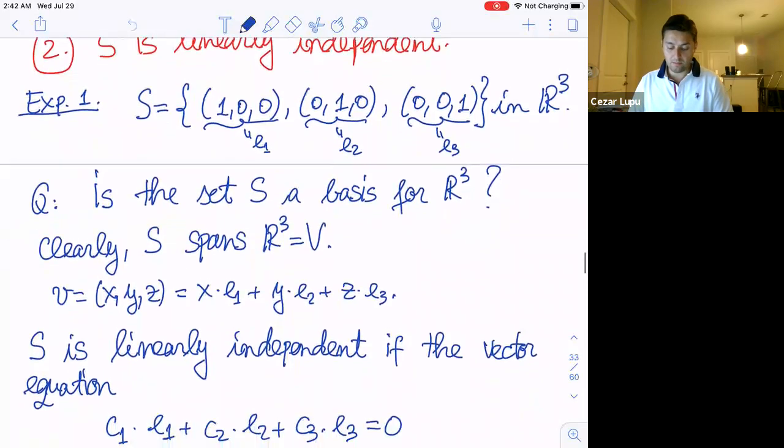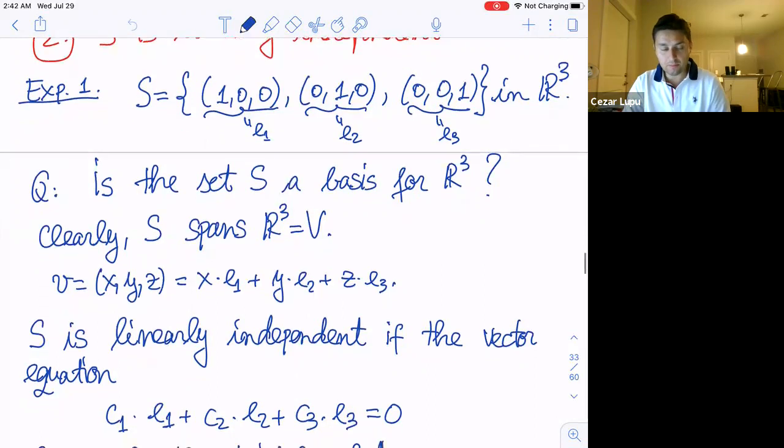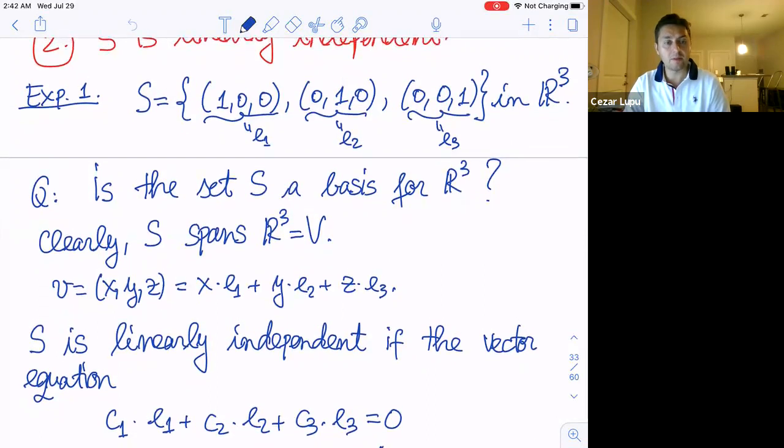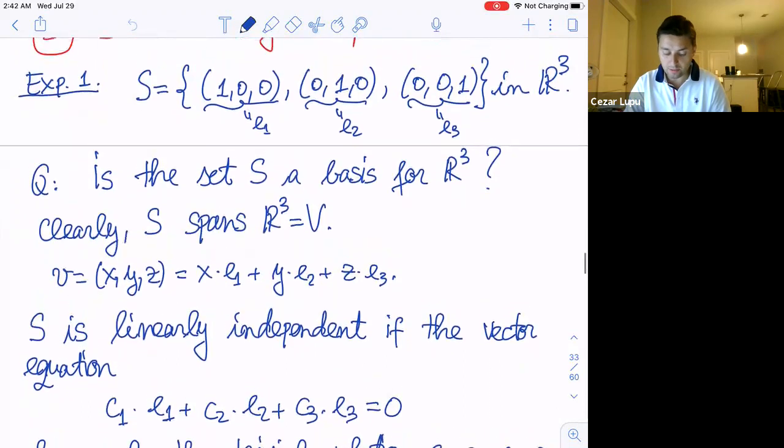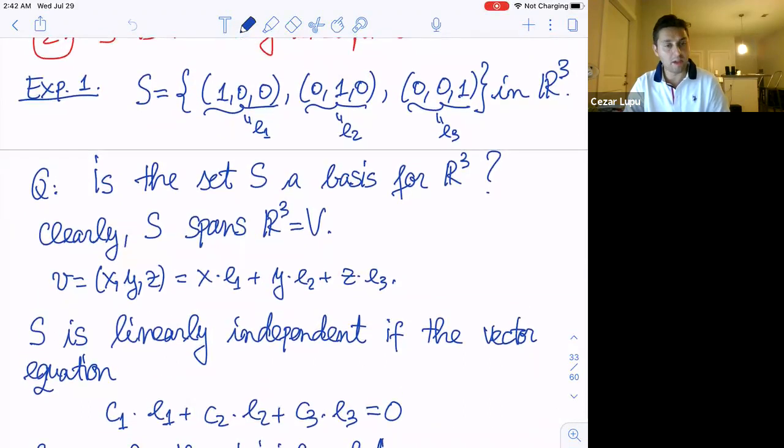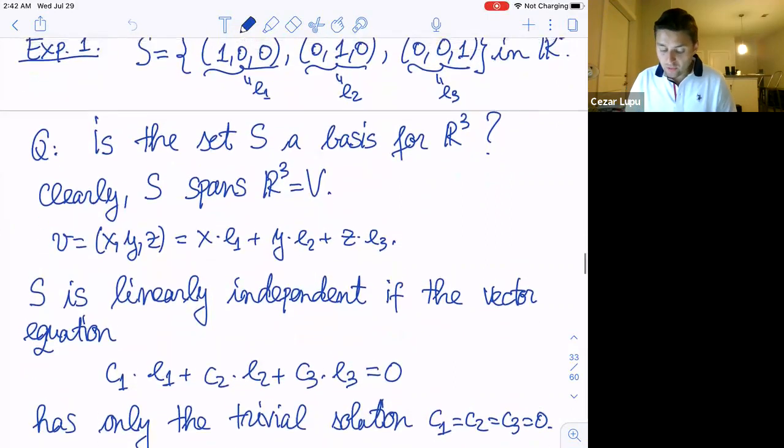Also, the second condition we need to verify is that S is linearly independent. By the definition of linear independence that we talked about in the lecture before this, the set S is linearly independent if the vector equation c1 e1 plus c2 e2 plus c3 e3 equals 0 has only the trivial solution. So this is the only combination possible.